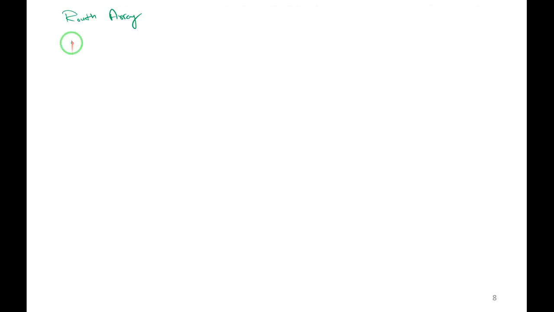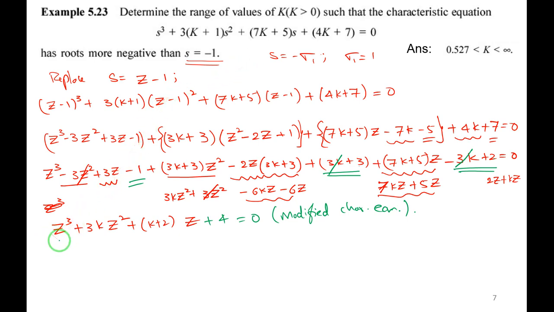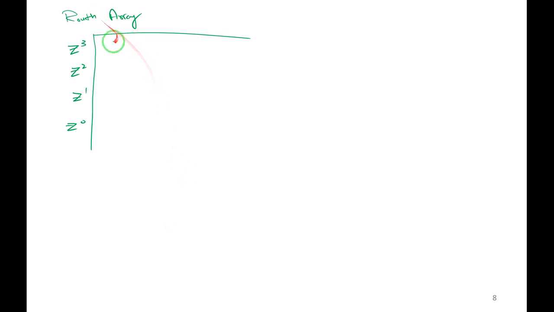So z cube, it is starting from z cube, z square, z to the power of 1, z to the power of 0. Okay, 1 and k plus 2.